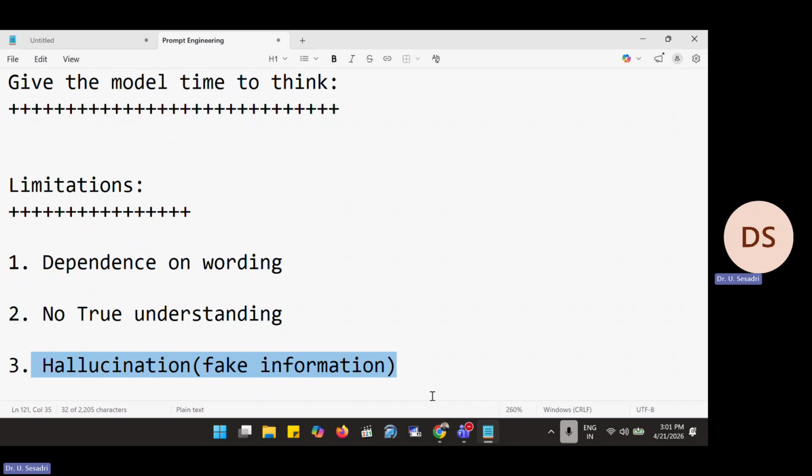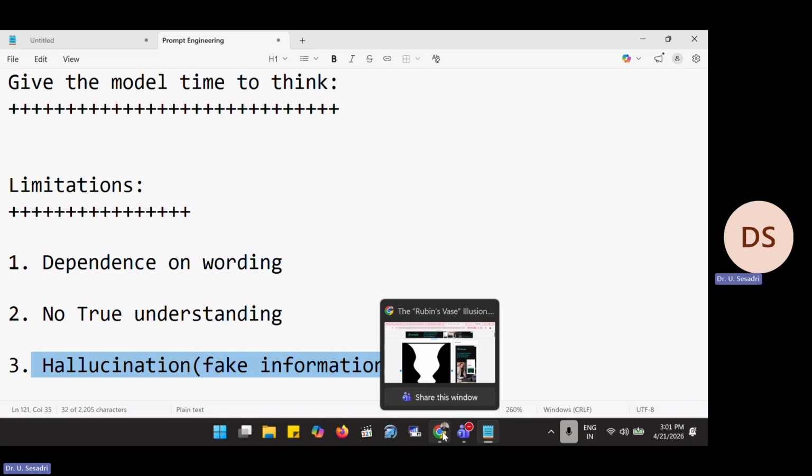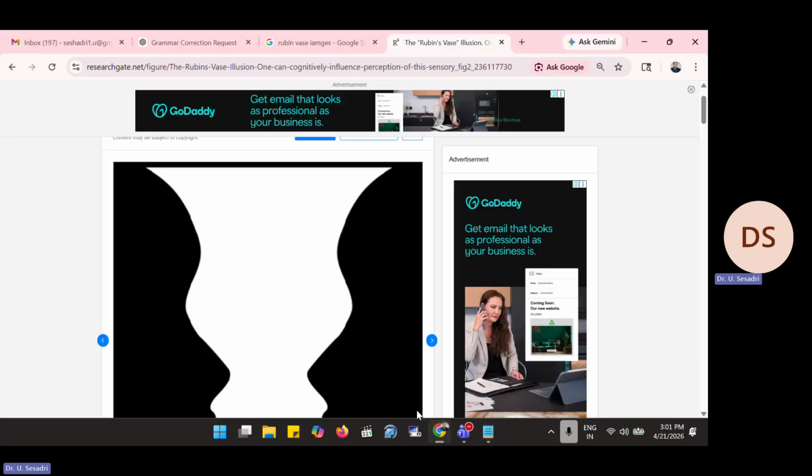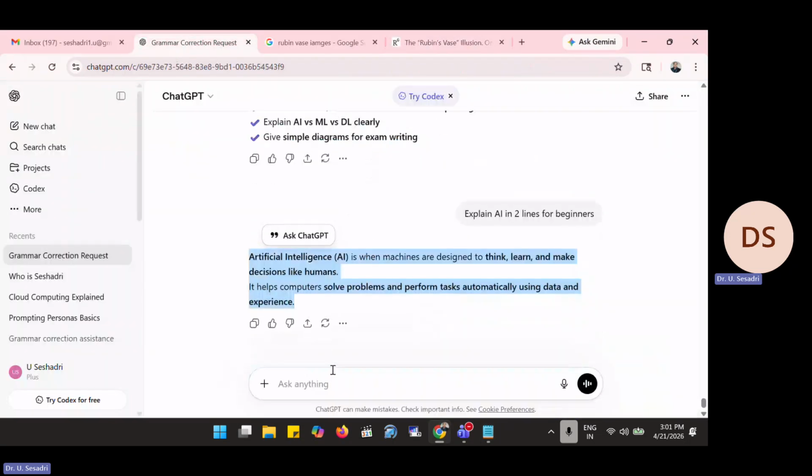Now here, one limitation of prompt engineering is the hallucination problem. Sometimes it is providing fake information. For example, I give the input: who is Sheshadri.